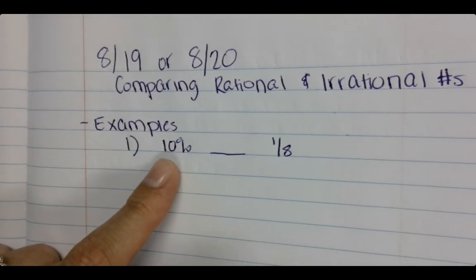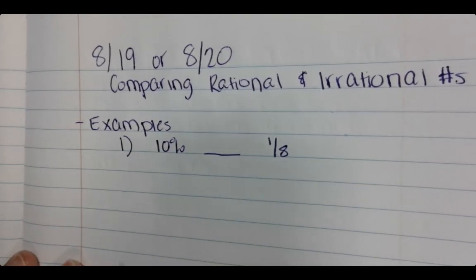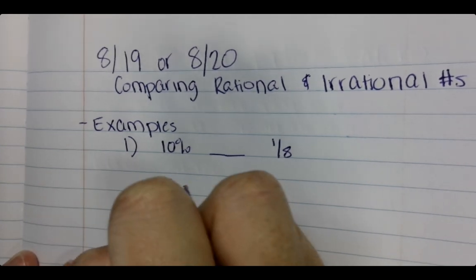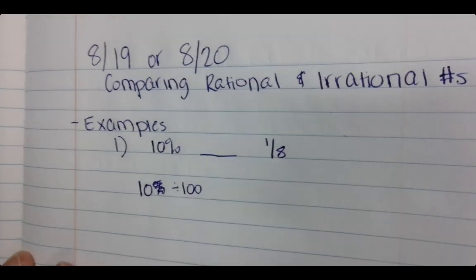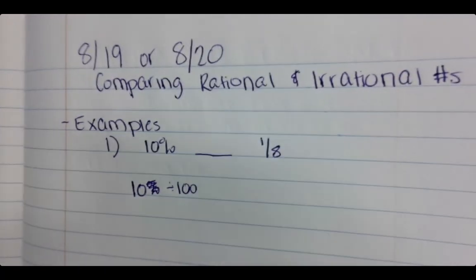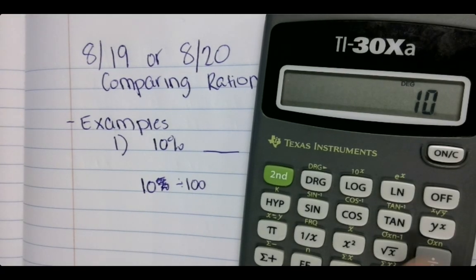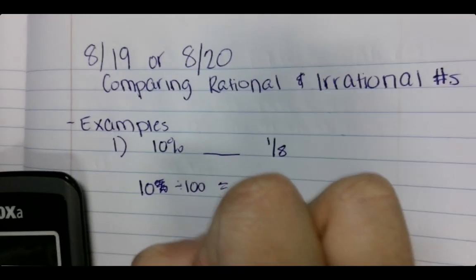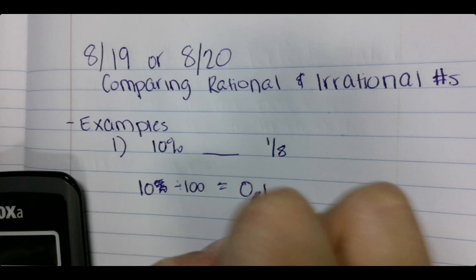So changing a percent to a decimal, we take off the percent and we divide by 100. And again, you can literally use a calculator for that. 10 divided by 100 is 0.1. All right.